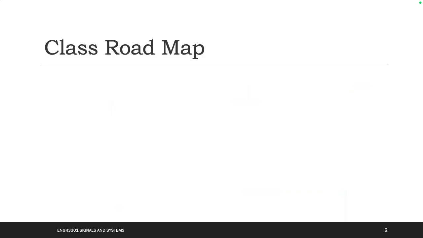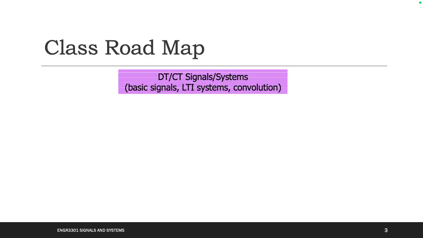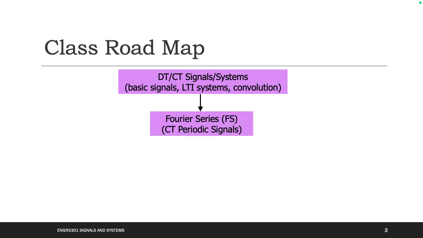Signals and systems, just some fundamental things: what a signal is, what a system is, what the properties are, and what types of signals. We talked about DT and CT signals and systems, basic signals, LTI systems, and convolution. And then we talked about the Fourier series, which focuses on CT periodic signals.